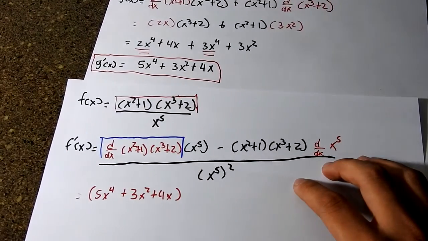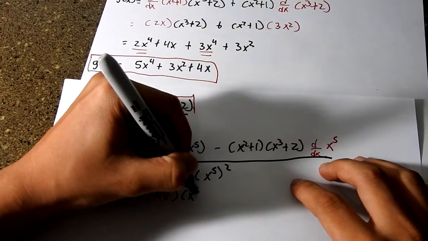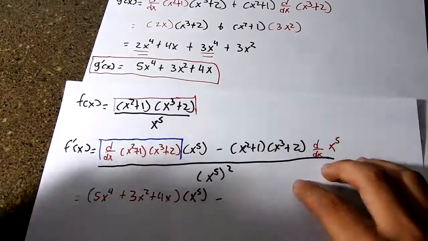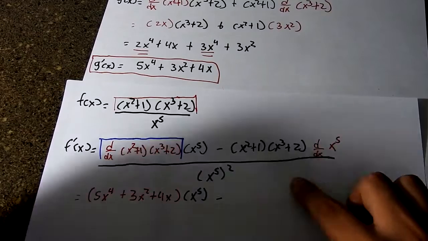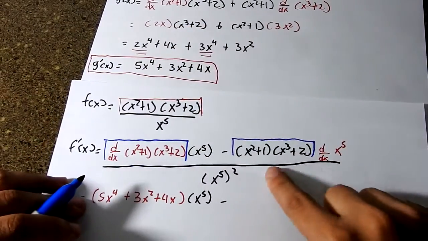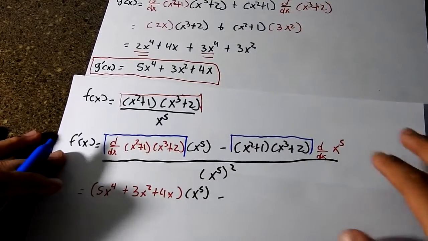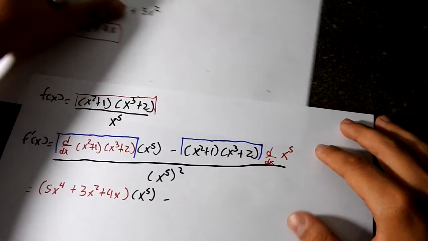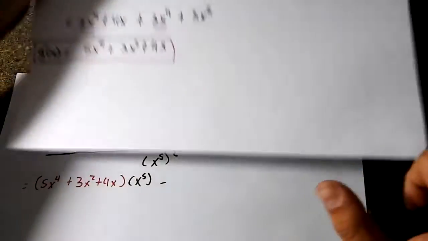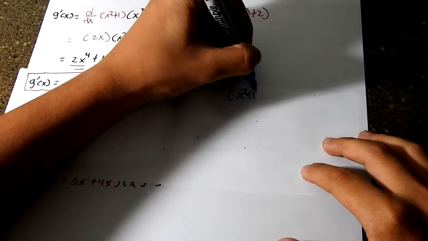That's the derivative of the numerator. Then as we follow the quotient rule, times x to the fifth, minus, now I have this here, we have two terms, right? So I'm going to multiply them to make things easier. So I'm going to do this right over here. I'm just multiplying them.